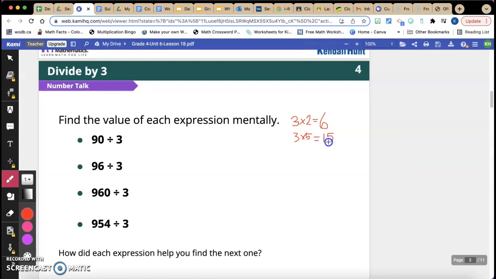And 3 times 10 is 30. So the closest that I can get to 90 is 3 times 10, which is 30.